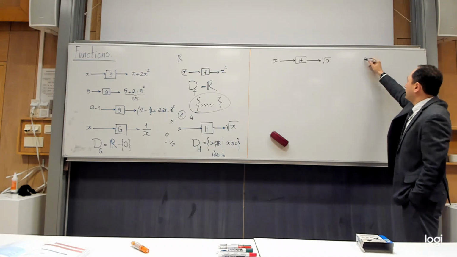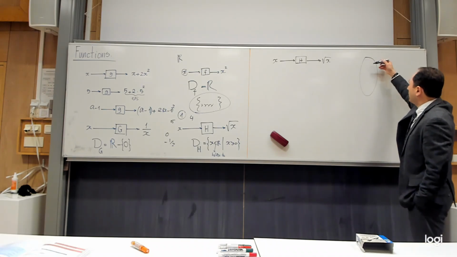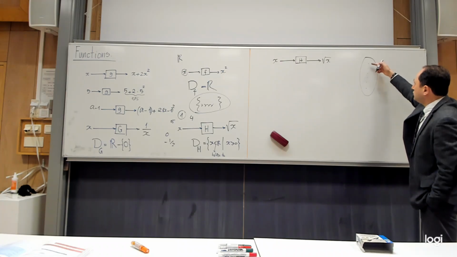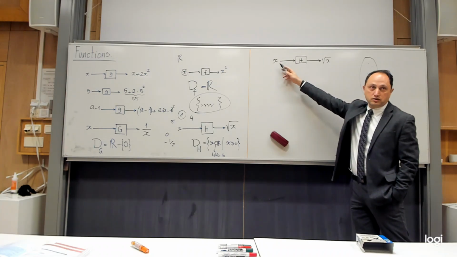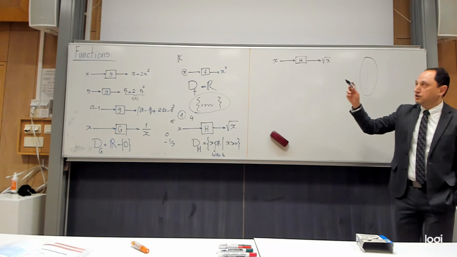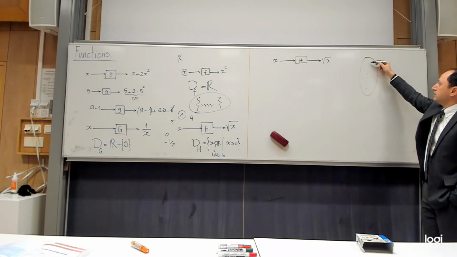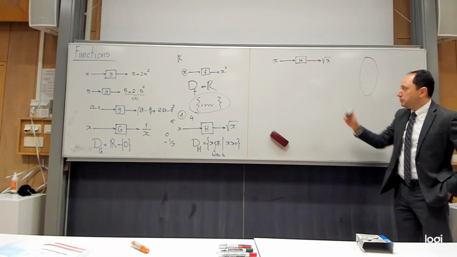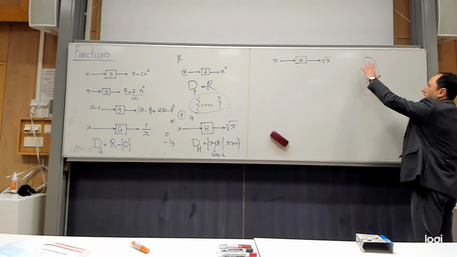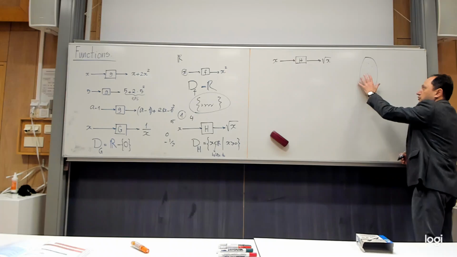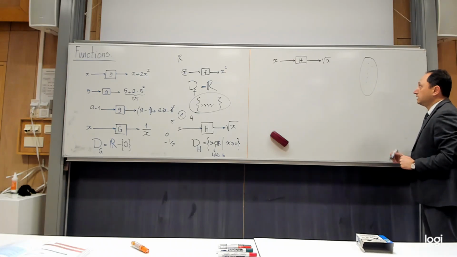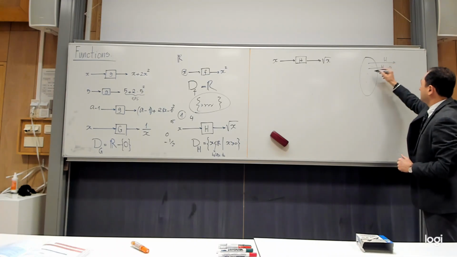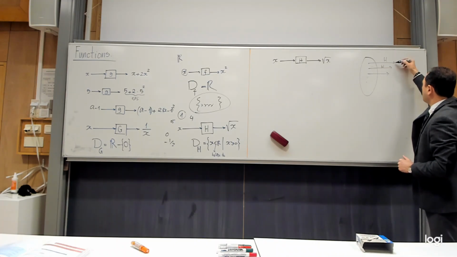Here, when I want to talk about the domain, I have the set of numbers that I can use as my x. That was easy. I realized that I can use every x except negative values for x. Yes? But now assume that I have the set of my inputs ready for me. I have to apply h on each one of them. It will give me some numbers here.